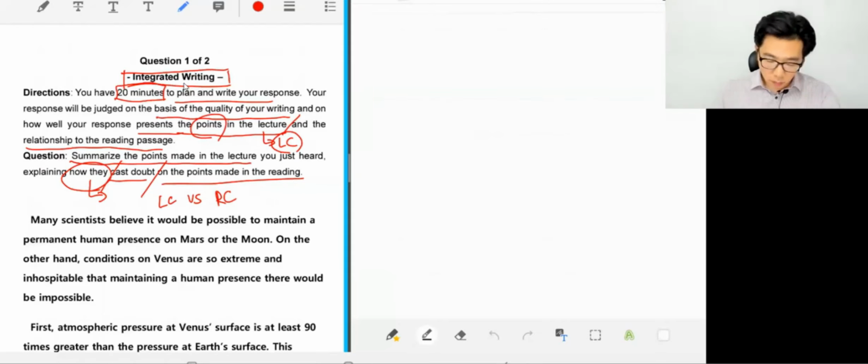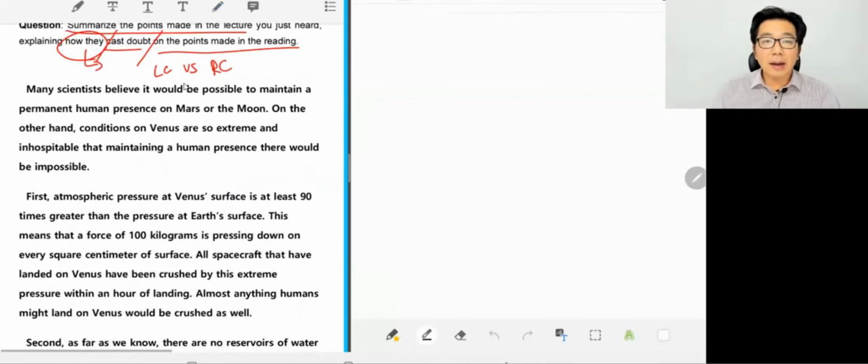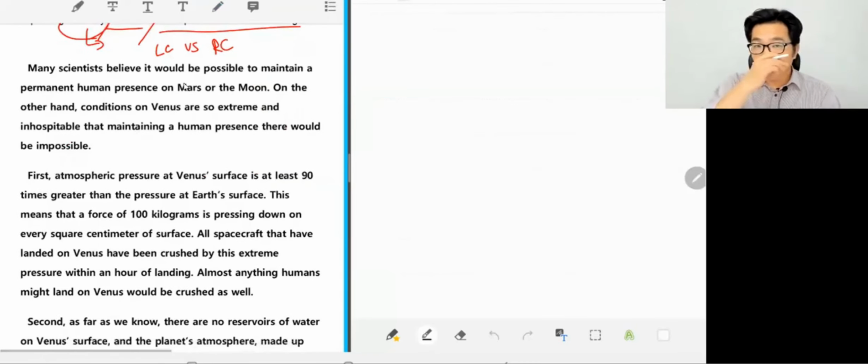Step 1, we cover the reading passage together, sentence by sentence. And then in step 2, we'll listen to the listening passage and write perfect notes, hopefully. And then step 3, I'll show you my model essay and analyze what you need to do to get the perfect score on this task, okay?